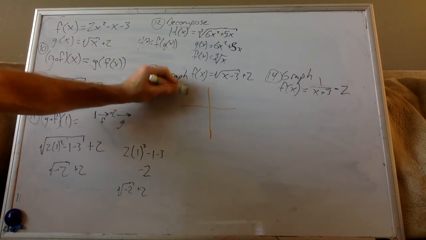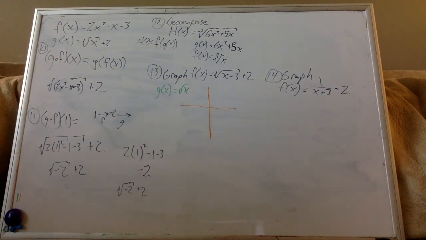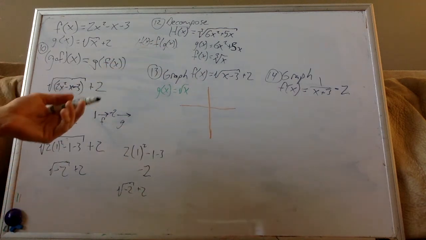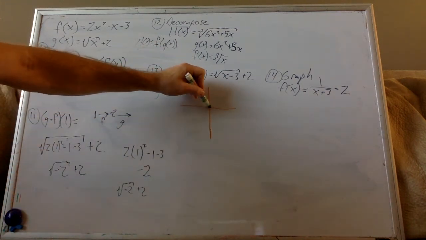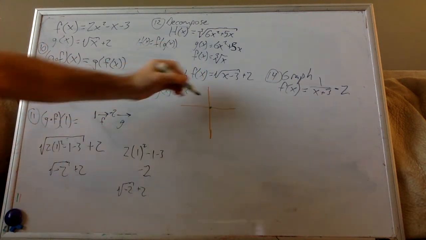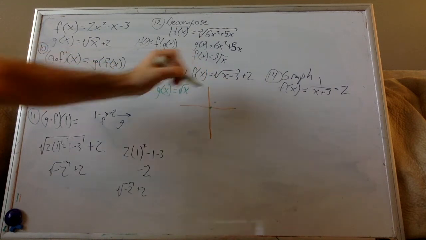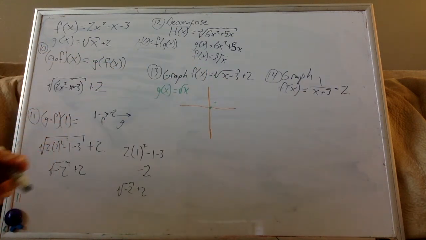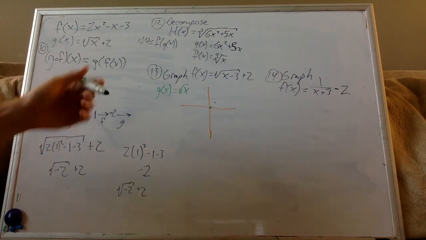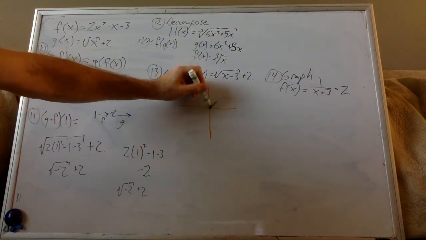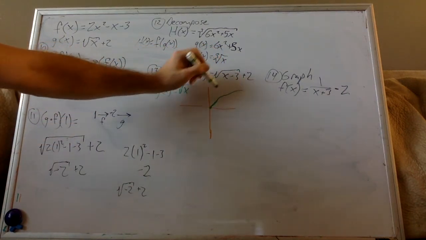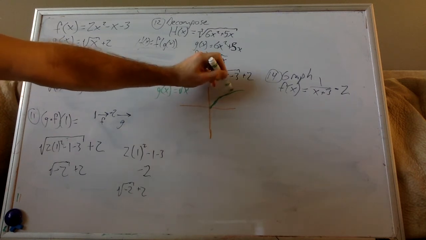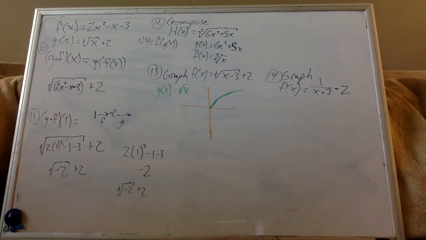G of x is just our standard square root. And if I put in 0, I get 0, right? And if I put in 1, I get 1. And if I put in 2, I get the square root of 2. And if I put in 4, I get 2. And so I kind of get this slowly crawling up situation. It's more smooth than I'm drawing it, but that's kind of our baseline.